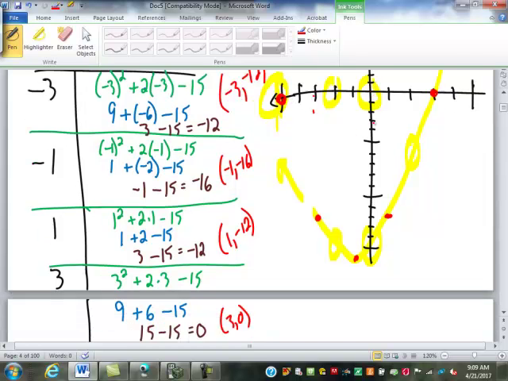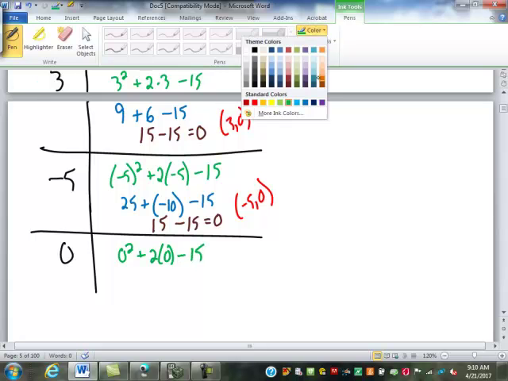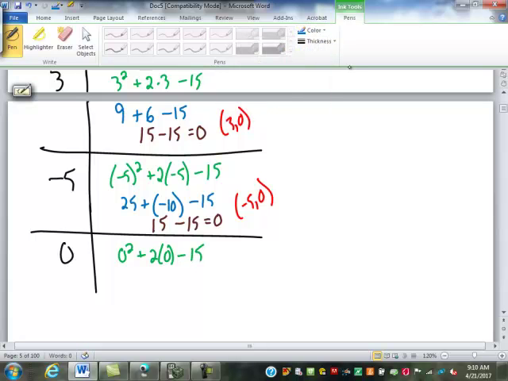Let's use x equals 0 just to see what's going on there. I like to use 0 for an x value because it's usually relatively easy to figure out. So that's 0 squared plus 2 times 0 minus 15. Well, 0 squared is 0. 2 times 0, 0.